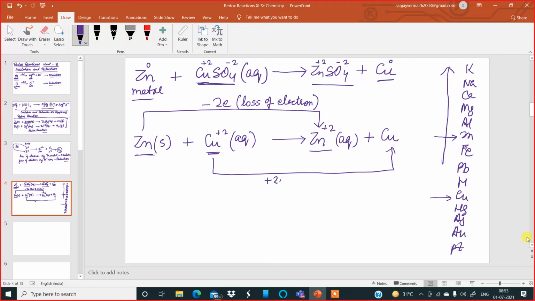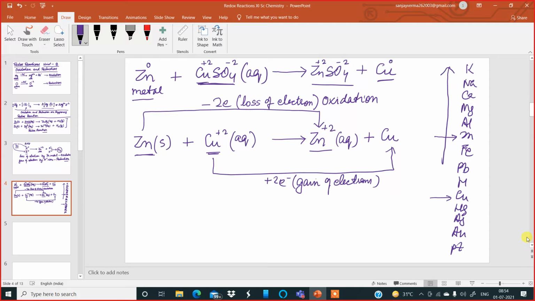There is gain of electrons, and it is becoming copper metal. So on one side, you can see zinc metal is becoming zinc ion. There is loss of electrons. Loss of electrons means it is oxidation.